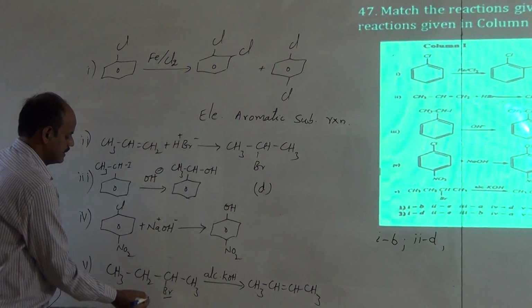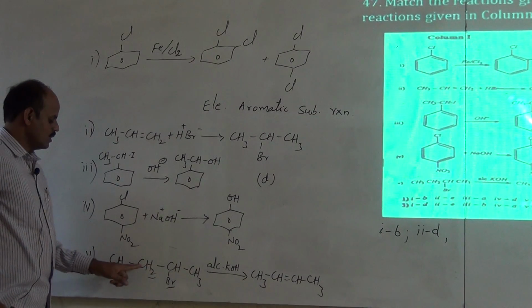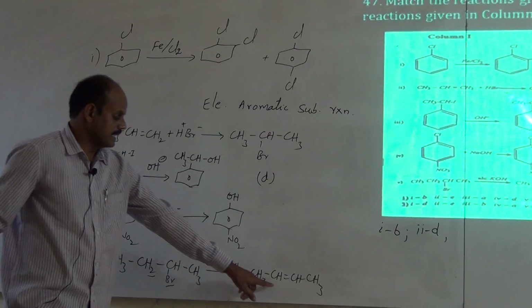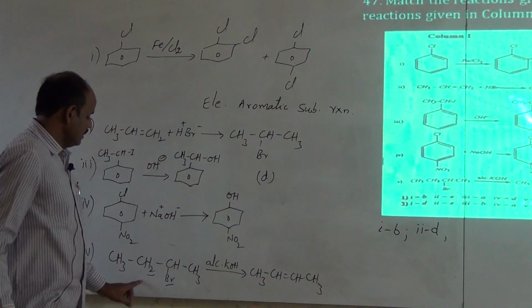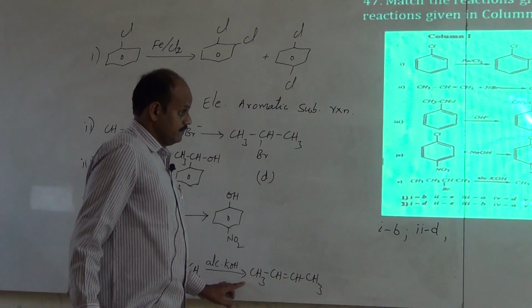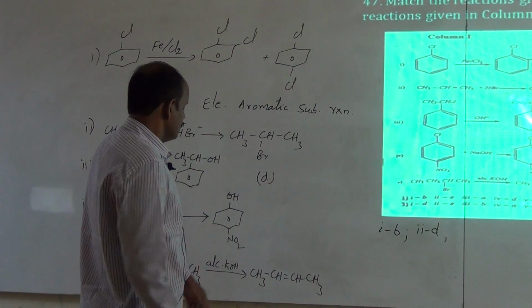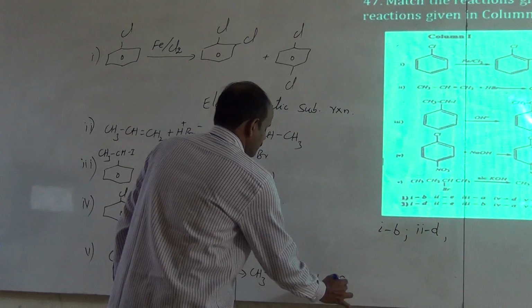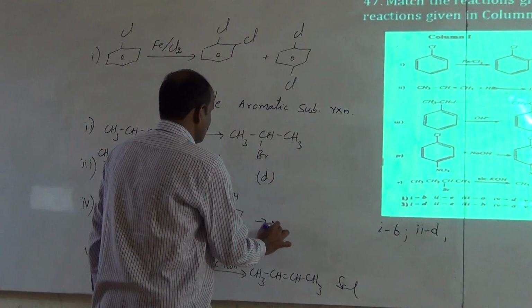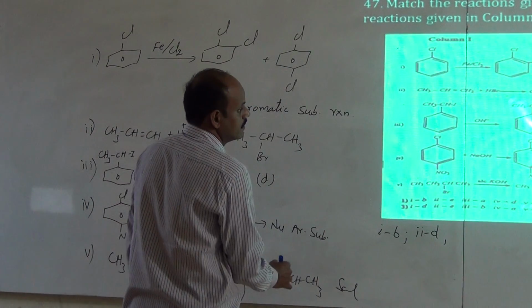Here Br minus and H plus are removed and a new bond is developed between these two carbon atoms. Thus we get 2-butene. So it follows which rule? Saytzeff rule. Hence this reaction involves Saytzeff elimination. Okay.